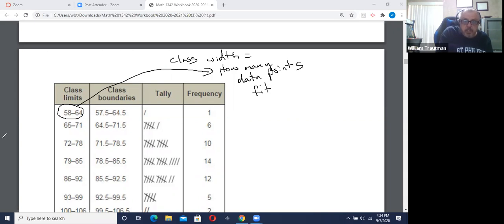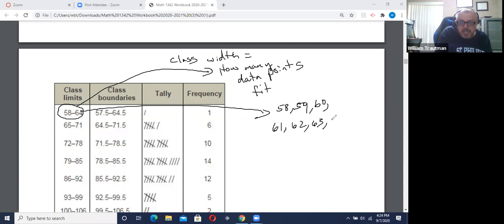On this first class limit, 58 fits in there, 59, 60, 61, 62, 63, and 64. Which data points can I tally up in that spot?